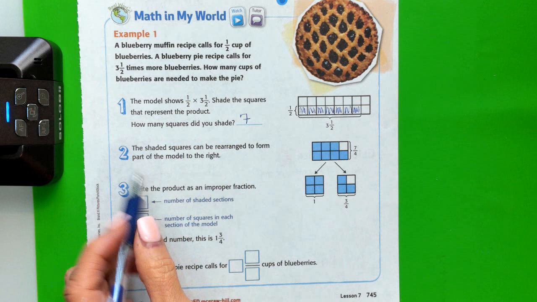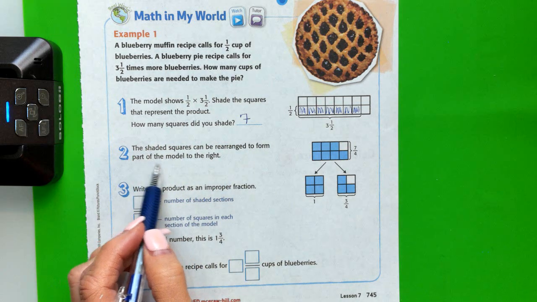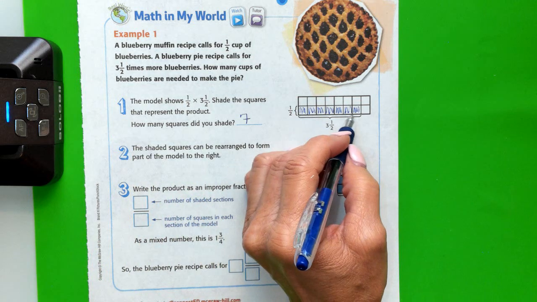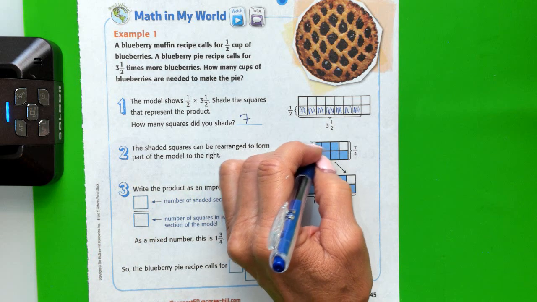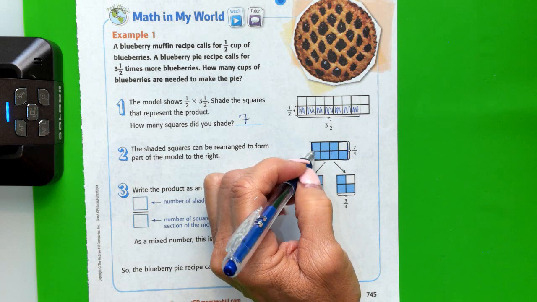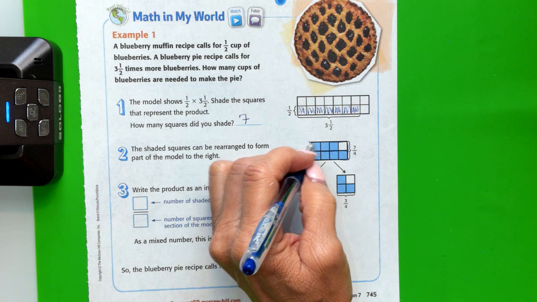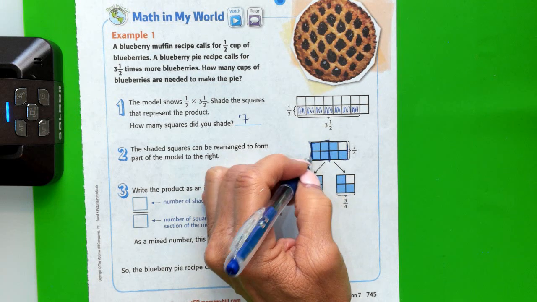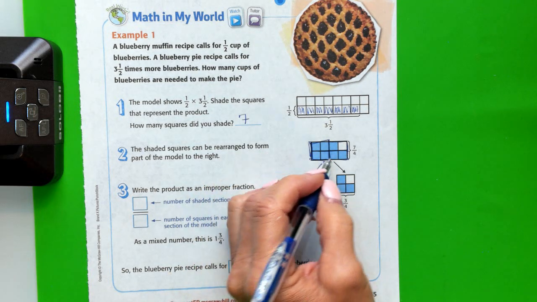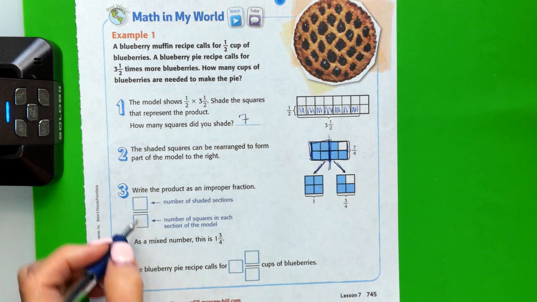Okay. Then it says the shaded squares can be rearranged to form part of the model to the right. So they basically just took these squares and created a 2 by 4 grid. So you can see now that we can segment that into one whole here and 3/4 there. Just cut it right in half.